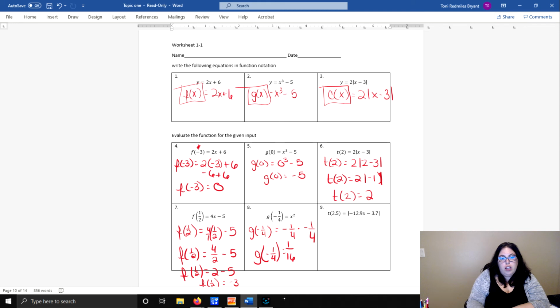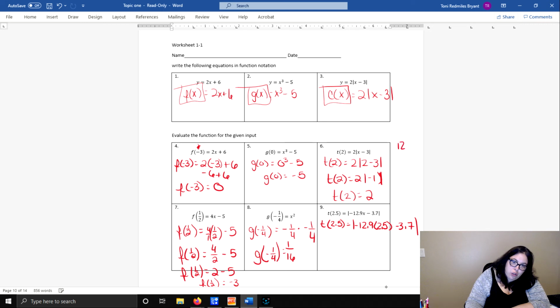Now in this one, I'm going to put in that 2.5 everywhere I see x. This one's a long one.